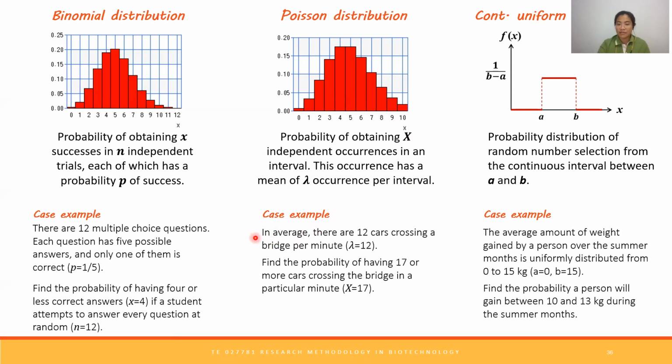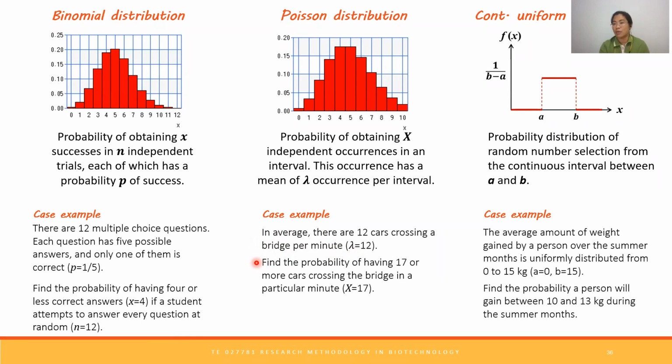So they said, on average, there are 12 cars crossing a bridge per minute. So the lambda here is 12, 12 cars per minute, on average. Find the probability of having 17 or more cars crossing the bridge in that 1 minute.